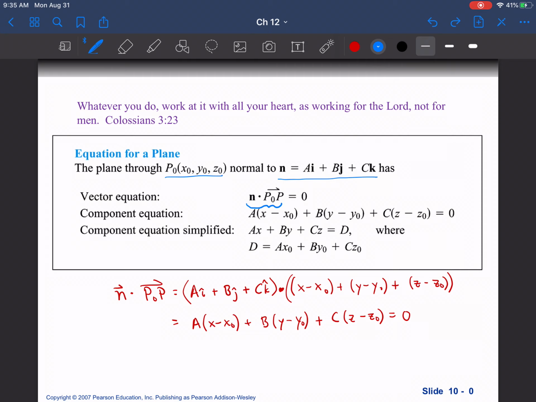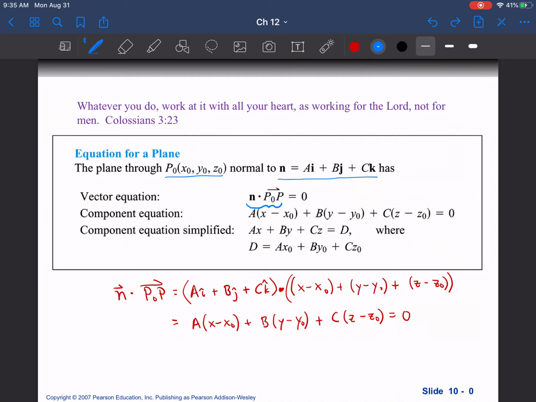We're just going to leave it in terms of variables x, y, and z, and the given point x naught, y naught, and z naught for P naught. We can expand this. A normal vector, just taken from up here, is ai plus bj plus ck. So that's just some vector that happens to be normal.